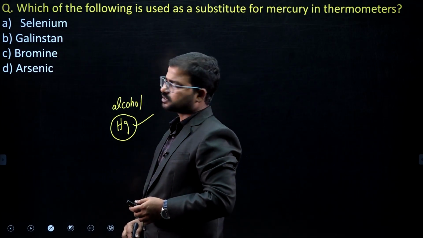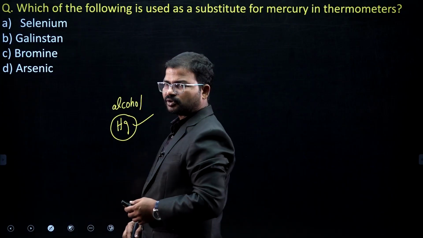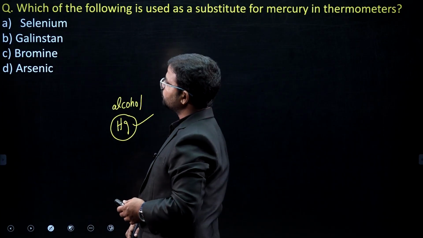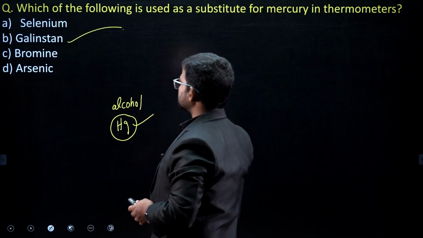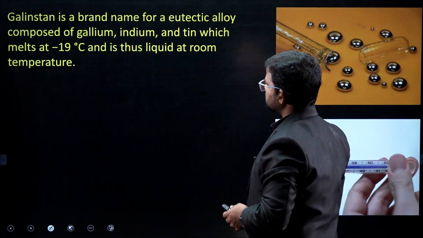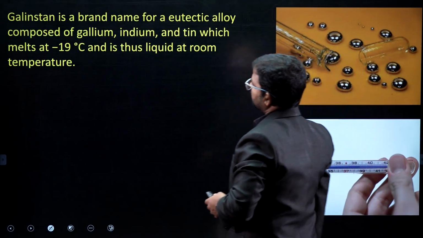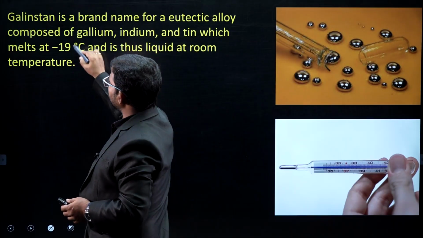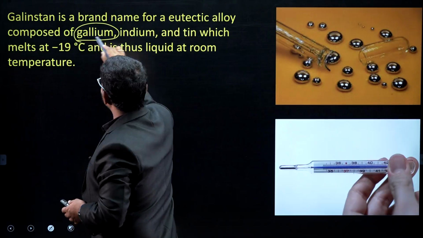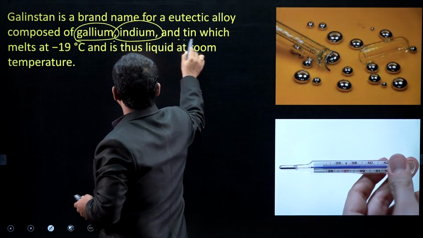Arsenic is poisonous, and bromine-type liquids are not used. Majorly we use this alloy, so galinstan is the correct answer here. Galinstan is a eutectic alloy containing gallium, indium and some tin.